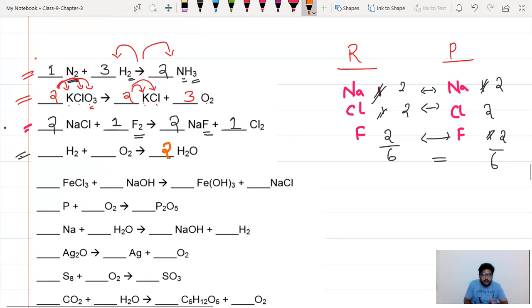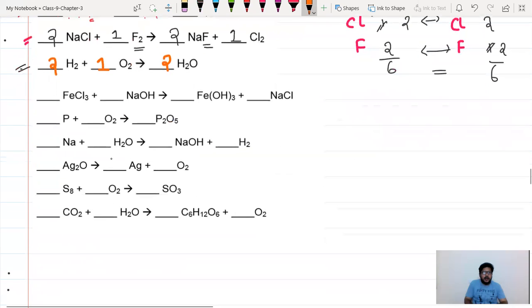Now how many hydrogens? 2 into 2, 4. Here it is only 2, so we have to substitute a number so the result is 4. 2 into what is equal to 4? 2. Oxygens 2, oxygens 2. Here you can place 1. Now it is balanced. Now can you balance the remaining ones?